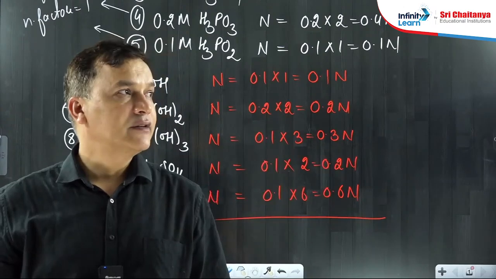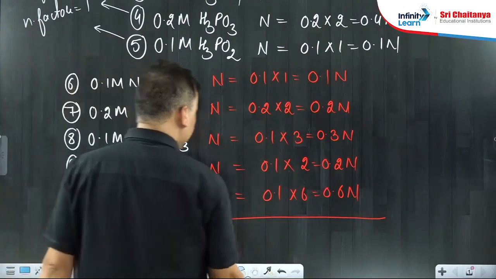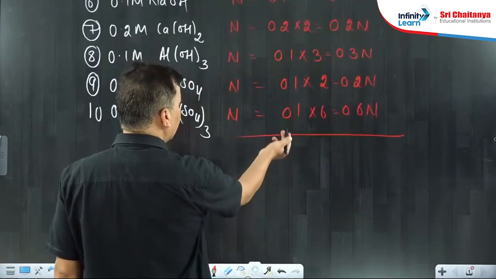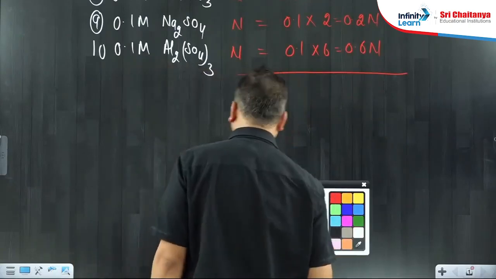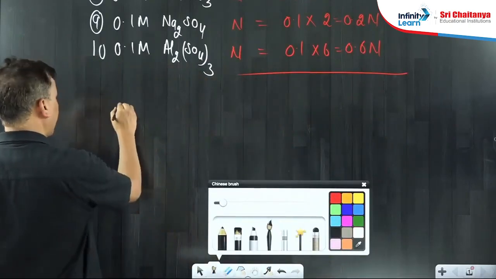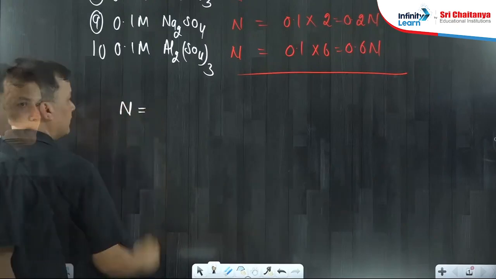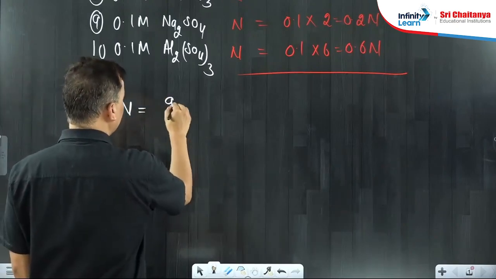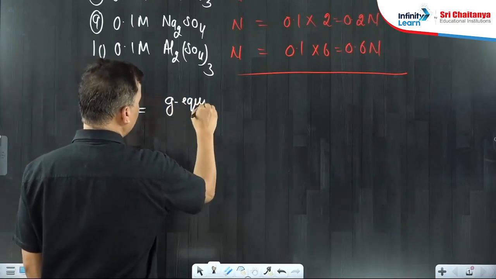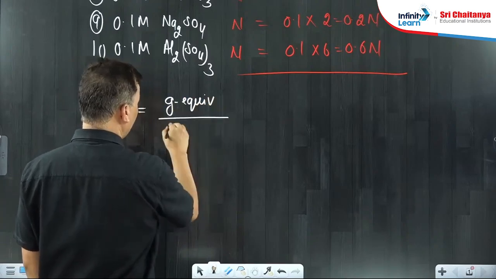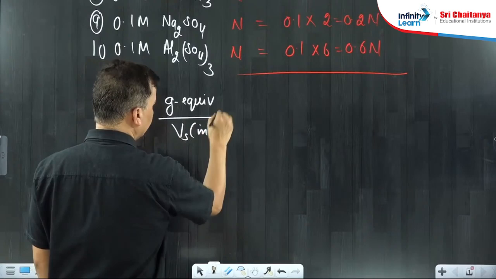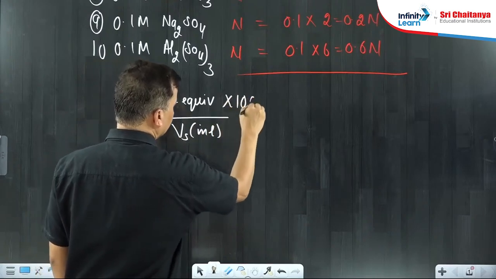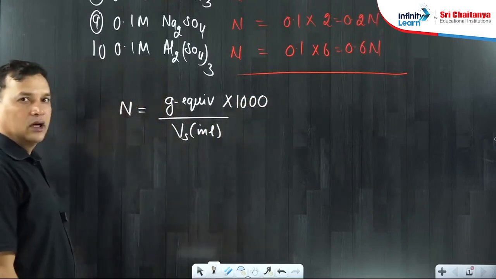Is that clear, students? Now, once again, basically, we are just understanding the definition of normality. Once again, I will write here the definition of normality. That is the number of gram equivalents of solute upon the volume of solution in liters; if it is in milliliters, then we have to multiply with 1000.